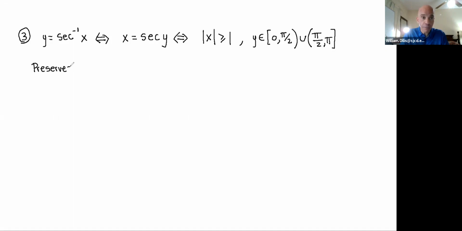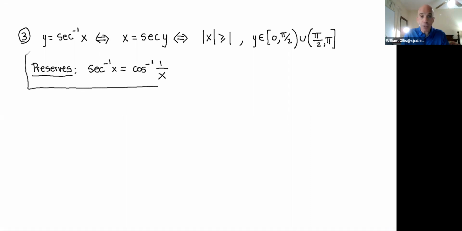Lots of students say, man, I don't like that absolute value, Professor Ron, but this is good. That is, inverse secant of x will now be written as the inverse cosine of 1 over x. So this is a very, very nice identity that our particular definition of inverse secant preserves.